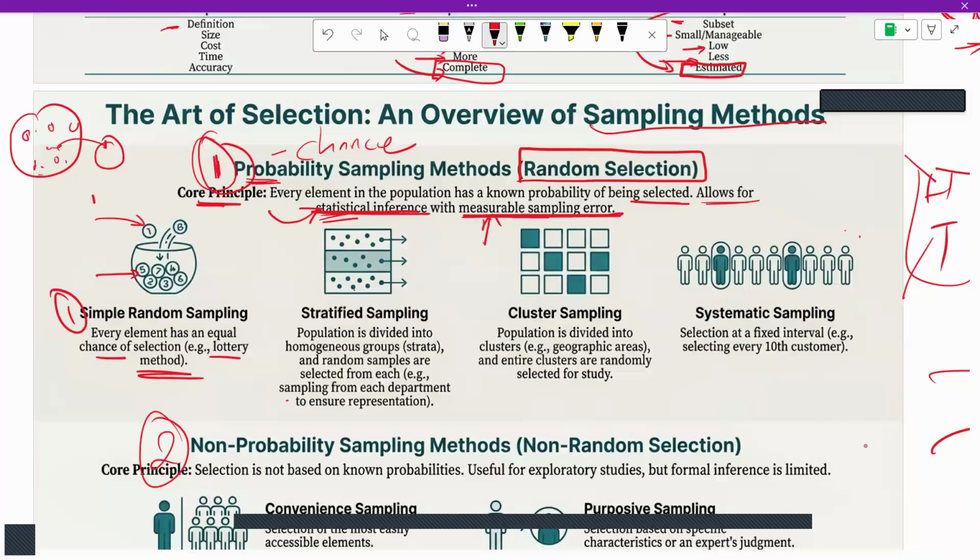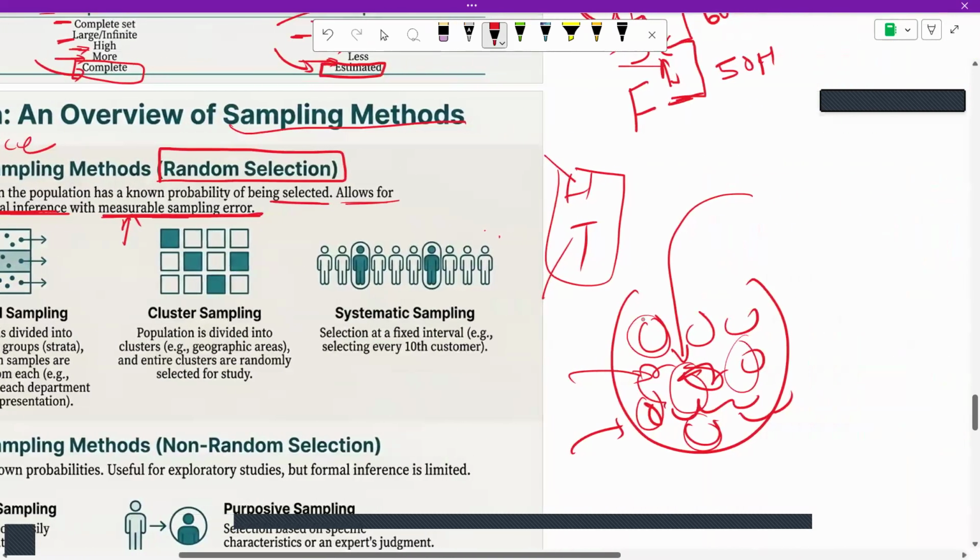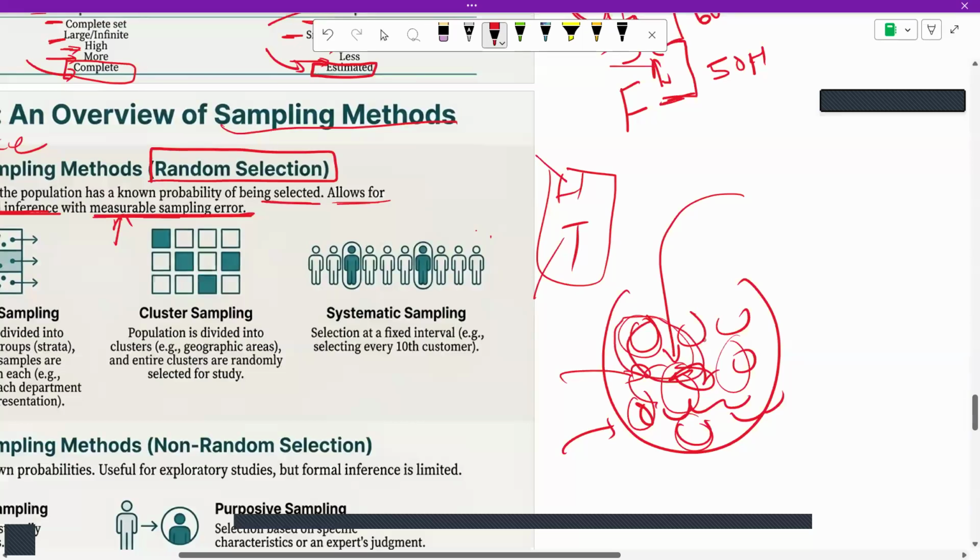Stratified sampling. Here in the bag there are different fruits: two or three apples, four or five mangoes, three to five oranges, and four or five avocados. So there are subgroups within the population.